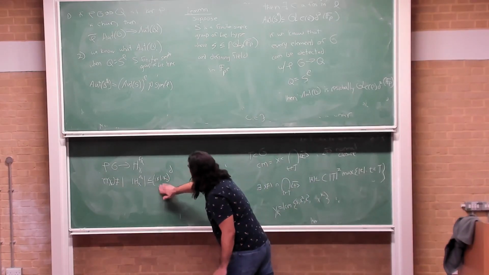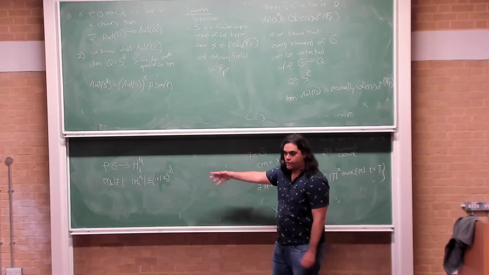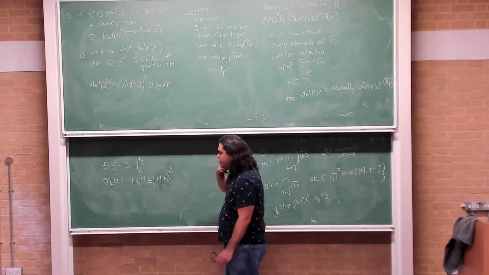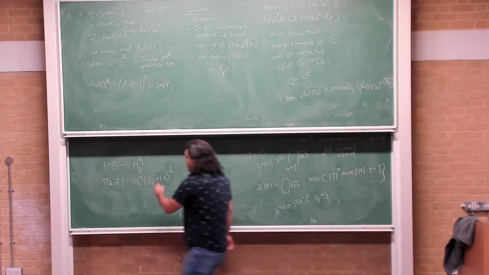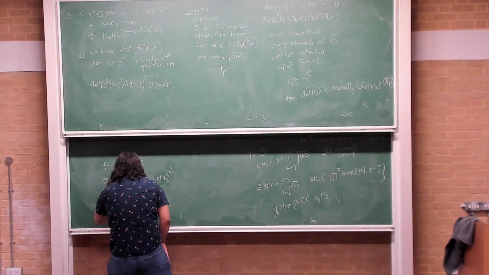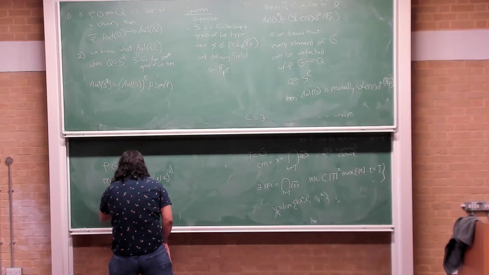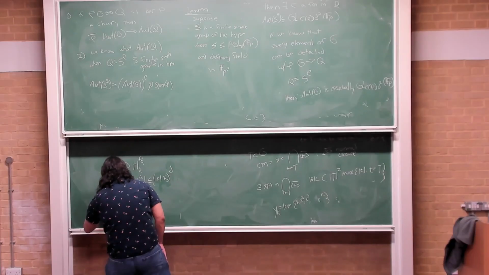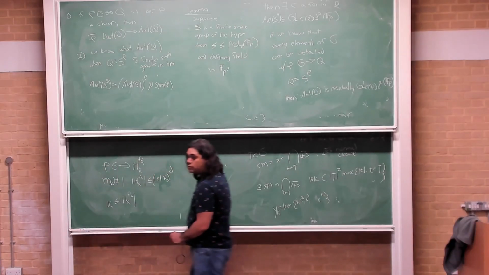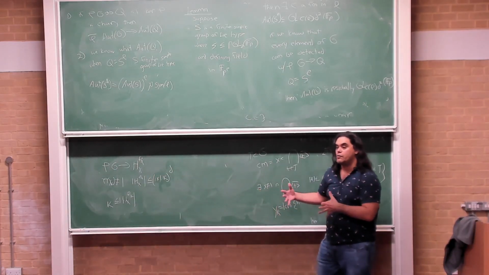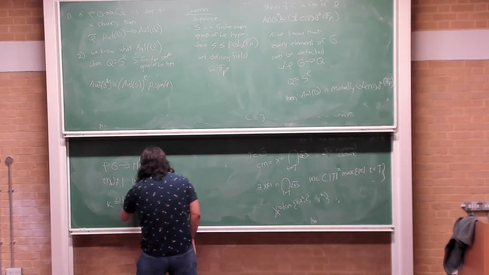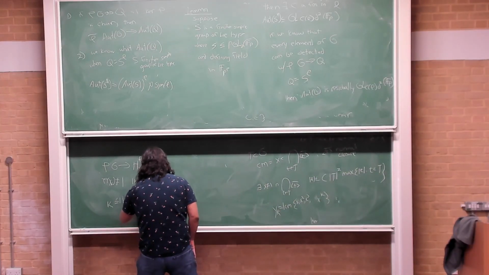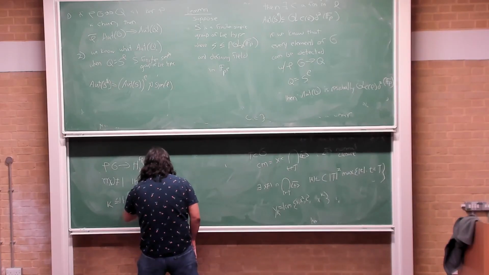So what this property gives us is that the order of H_Lx is at least k. So not only do you get an upper bound, but you can control the lower bound of it. And this is bounded above by x^(k^d).